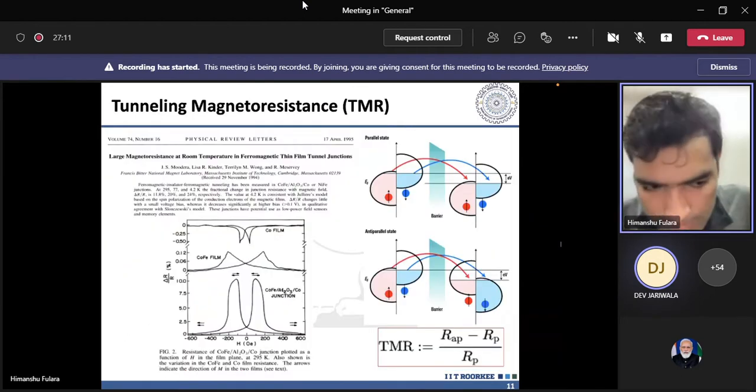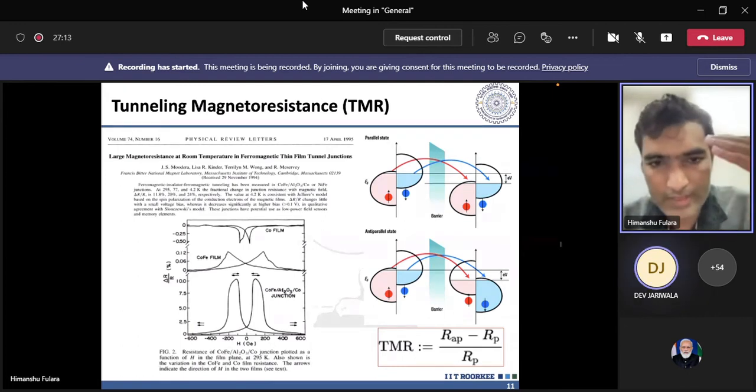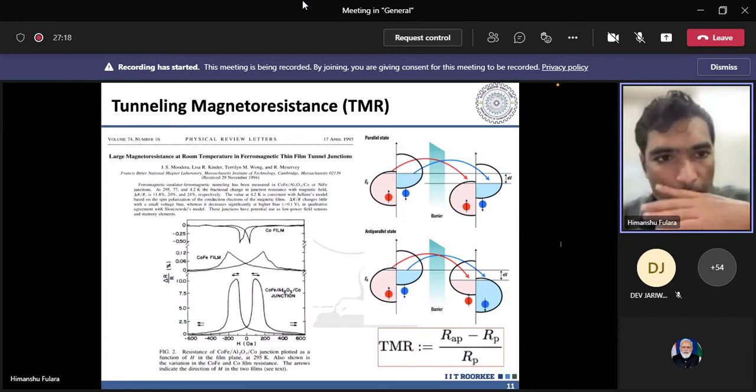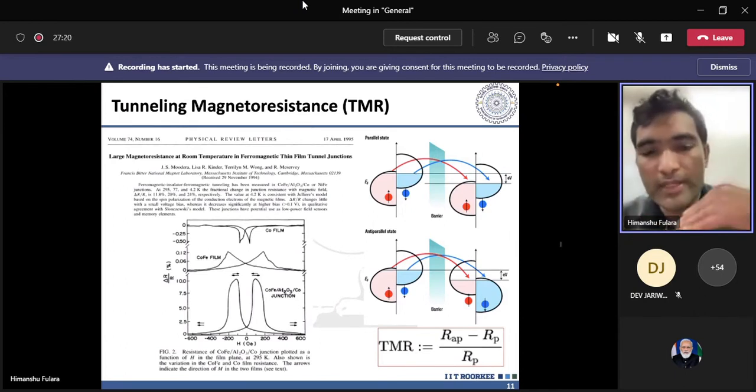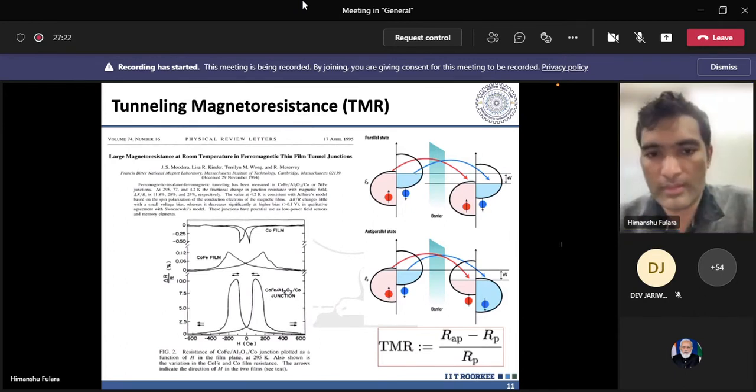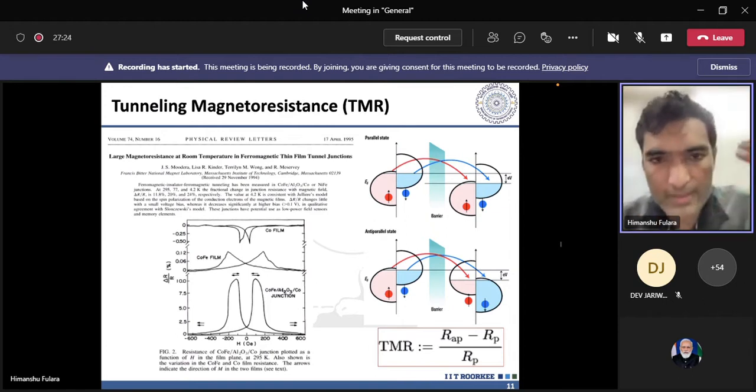So the answer to this question is that generally any property, like this magnetoresistance property, the response will increase at low temperature, because there are fewer scatterings.